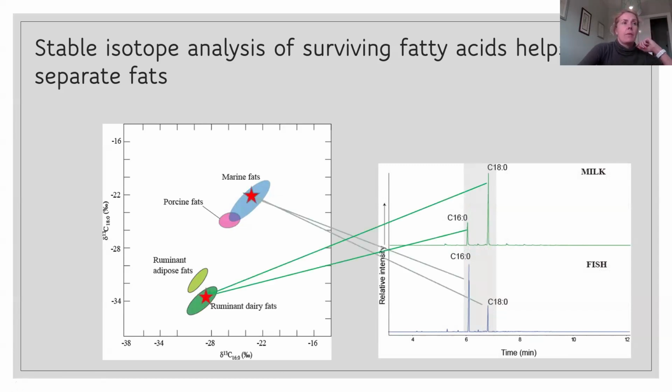For a marine fish fat, it would plot somewhere up here. And of course, if you've got mixtures of fats, if you're using a pot that's being used to cook, I don't know, pig fats and beef fat, you'll get an integrated signature that will plot somewhere on a mixing line between these endpoints.